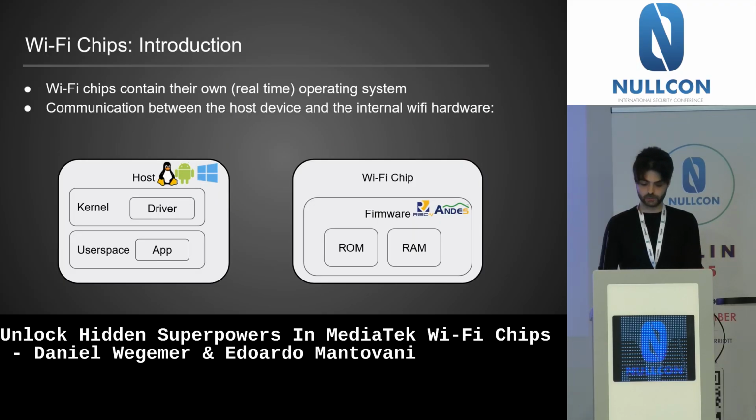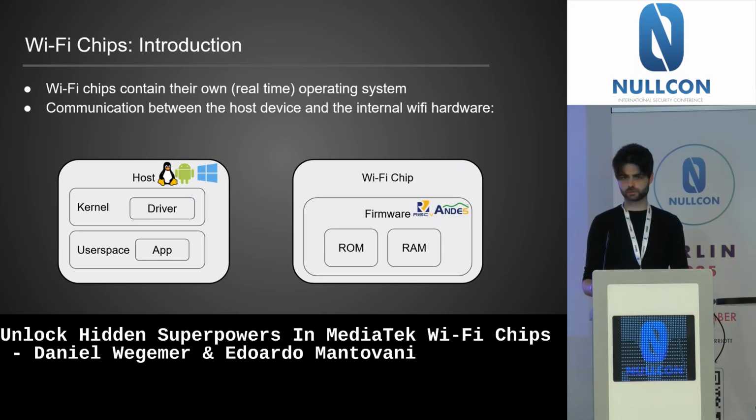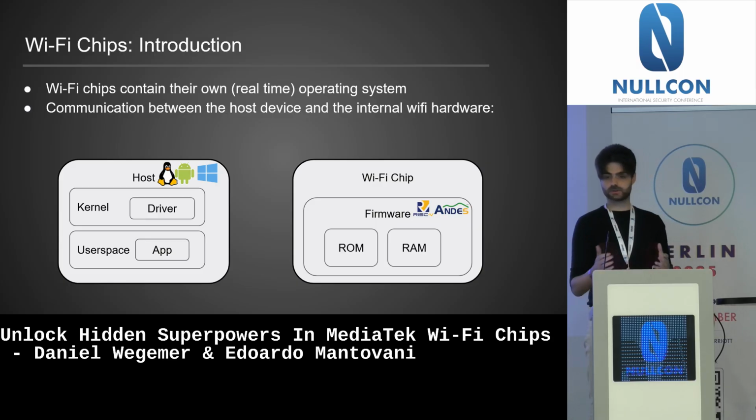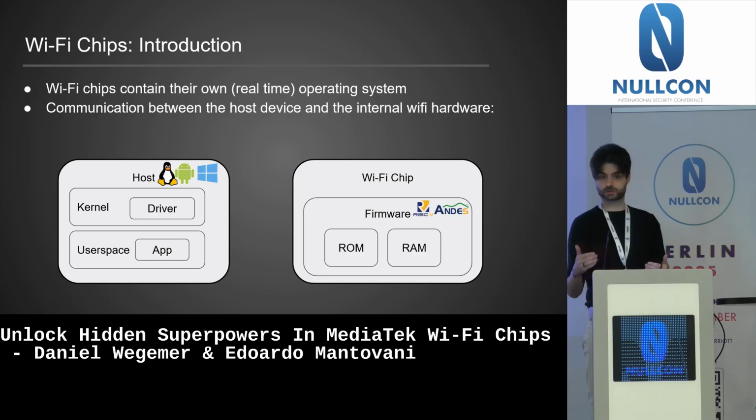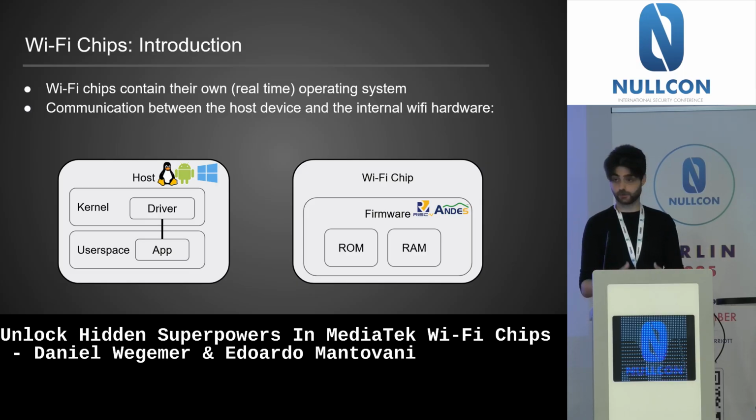Now let's talk about Wi-Fi chips in general and how they work, because usually they contain their own real-time operating system, and there is communication between the host device, which is essentially our operating system, which can be Linux, Android or Windows, and the Wi-Fi chipset, which in this case is an Andes MCU. Everything starts from user space, where you have an application, for example a browser.